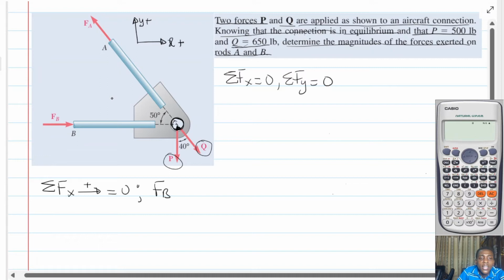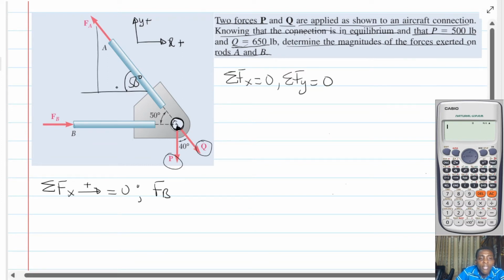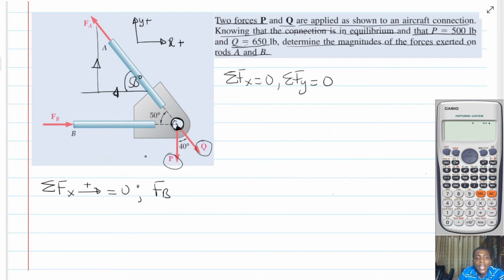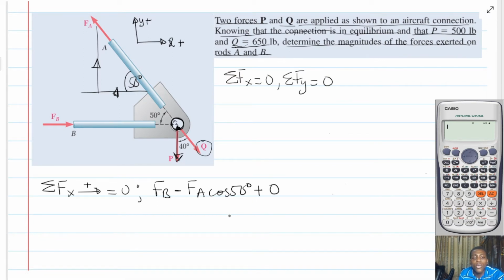Now looking at FA, FA is making an angle of 50 degrees with the horizontal, so the component of FA along the x is going to come this way, and the component along the y this way. So the x component is going to be minus FA cosine 50. P is vertically downwards, so it does not have any component along the x.